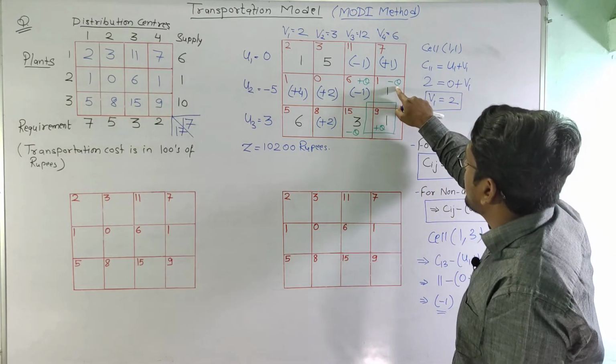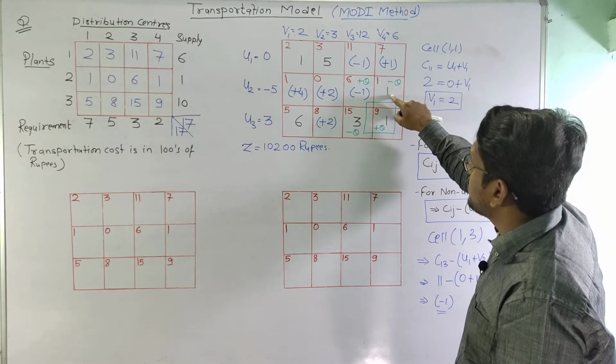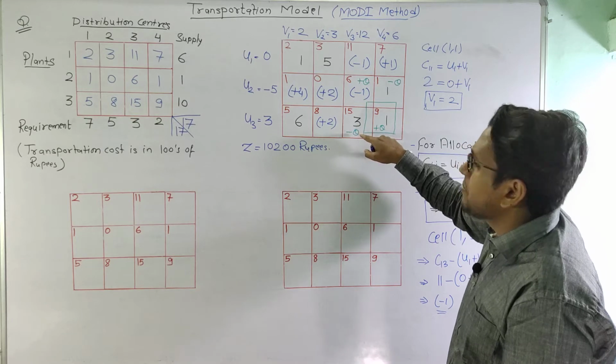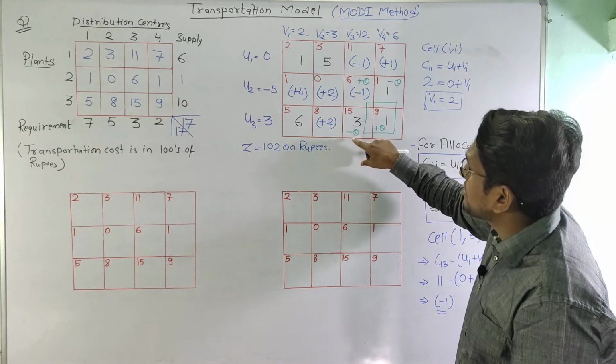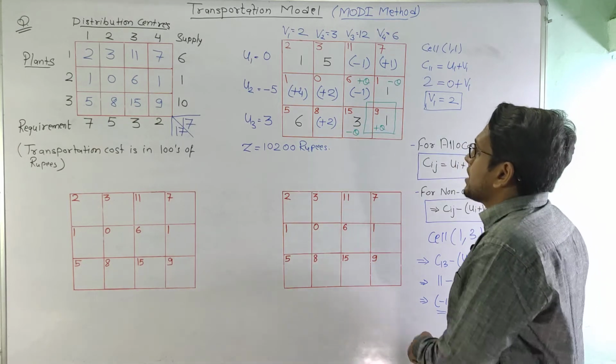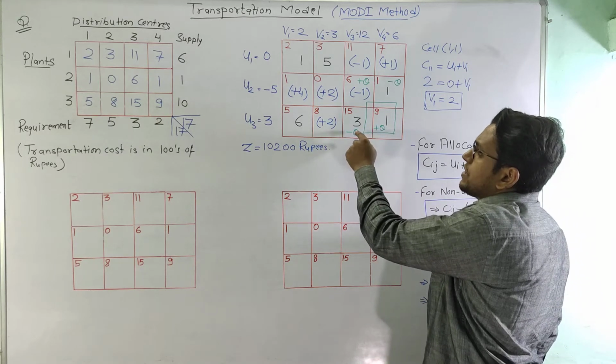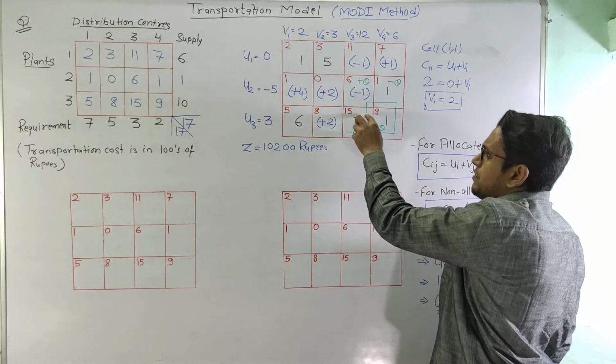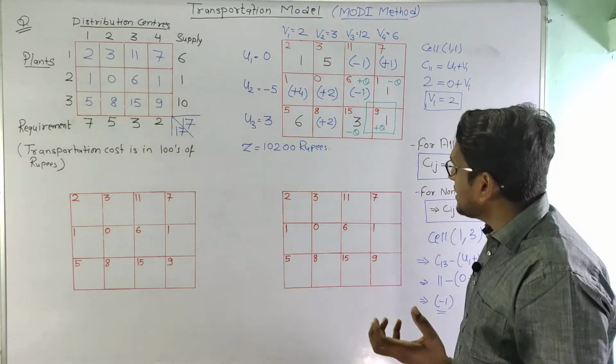So the maximum value of theta we can put here is 1, and here, with 3 minus theta, the maximum value is 3, because if we go beyond 3, this will become negative and violate our non-negativity constraint.